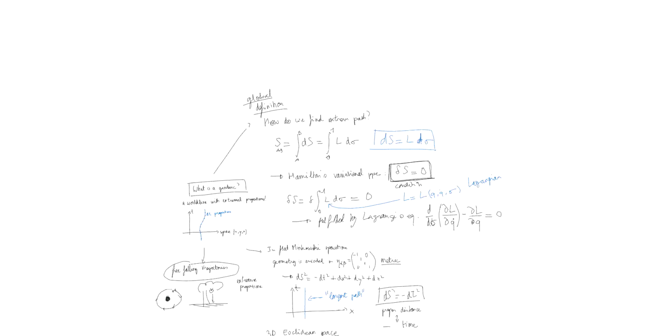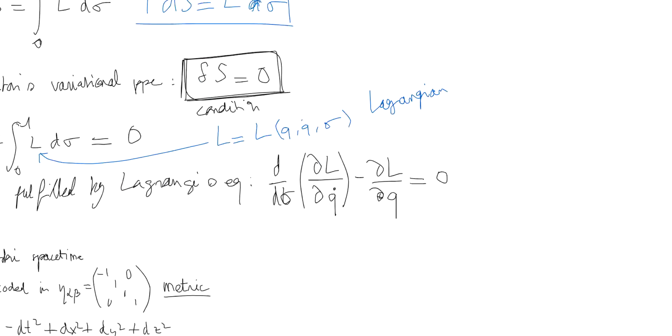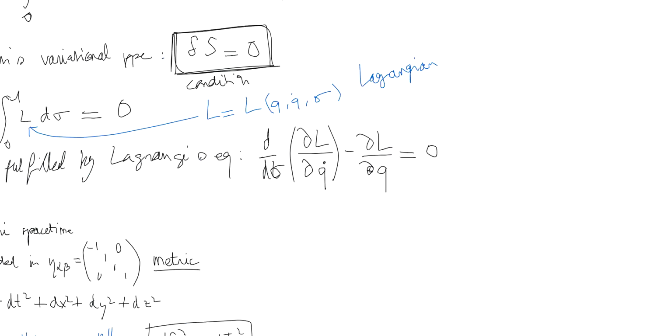So with this Lagrange equation, you're going to get 4 of them because you have t, x, y, z, 4 coordinates, which means 4 equations.